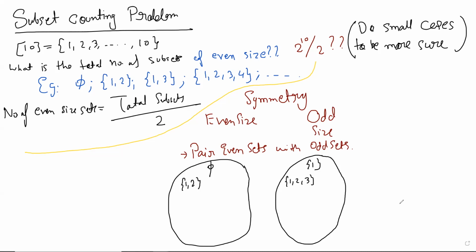So has anyone made any progress? Maybe based on this pairing idea, how would you pair? Given an even size subset, what would be a natural way to associate an odd size subset to it?